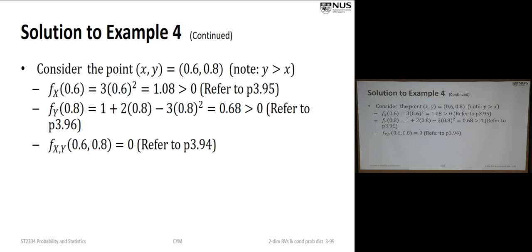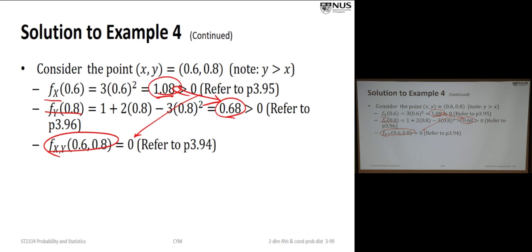So in fact, with this one, I really compute the density. F of x is 1.08. F of y at y equal to 0.8 is 0.6. And the product of these two numbers does not equal this. And this is 0. And why is this 0? It's because the point is not in the region for which the joint PDF is equal to 2 times x plus y.